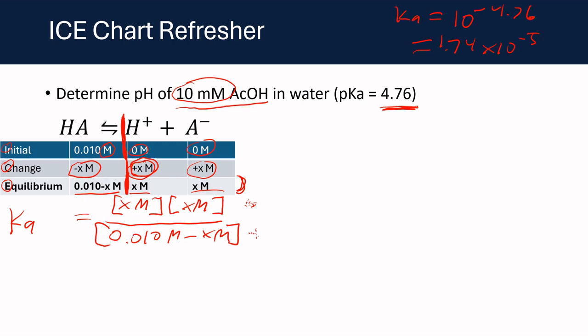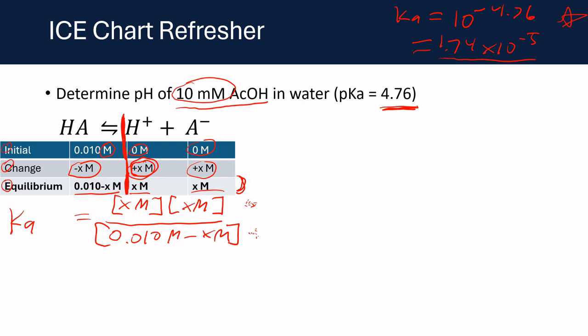And a small number divided by a big number is going to be a very small fraction or decimal or what have you. And check it out. We're talking 1.74 times 10 to the negative 5 for the Ka. That's a really small number, which means we're dealing with a weak acid here. So it makes sense. If this were a big number, we probably did this conversion up here incorrectly.